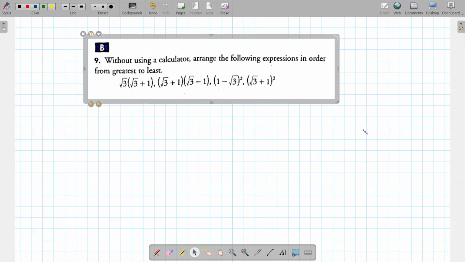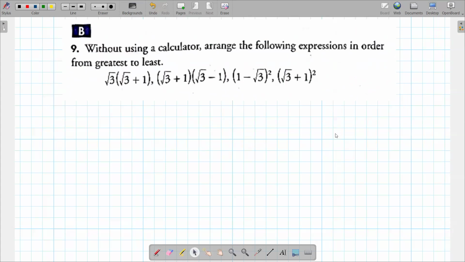So this one says, without using a calculator, arrange the numbers from greatest to least. So descending order. Let's look at the first term there. Root 3 times root 3 plus 1. What does that expand to?